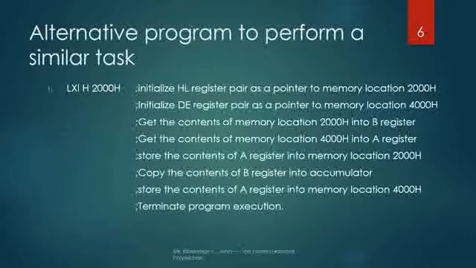So for the first one, in order to initialize the HL register pair to point to this memory location, we have to use LXI H, 2000H. Load register pair H and L with immediate data, and our immediate data is 2000H. Here it is data, but later on it will be a pointer. We are providing the address.